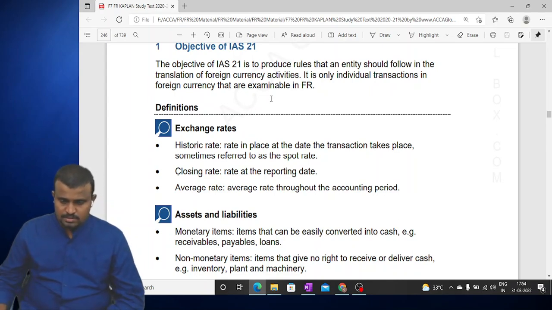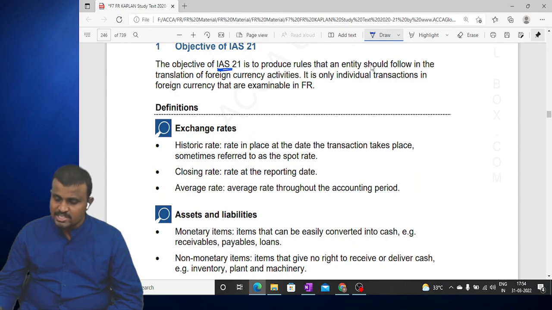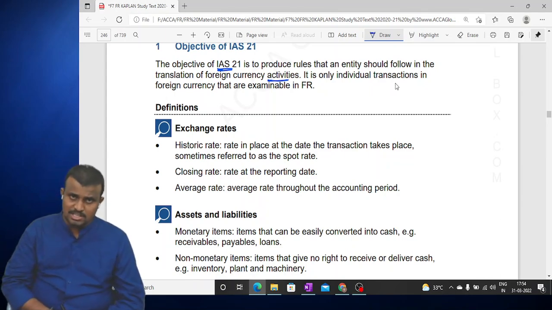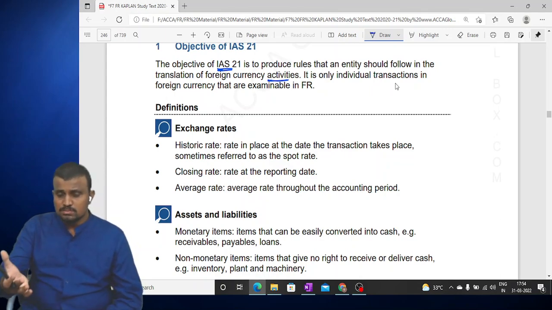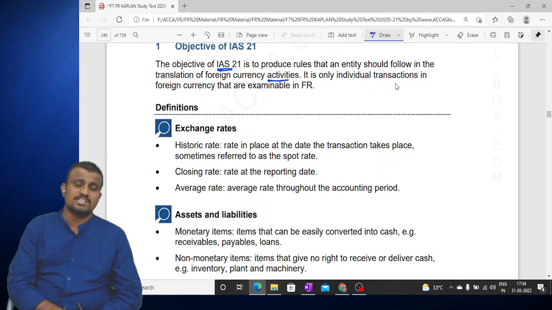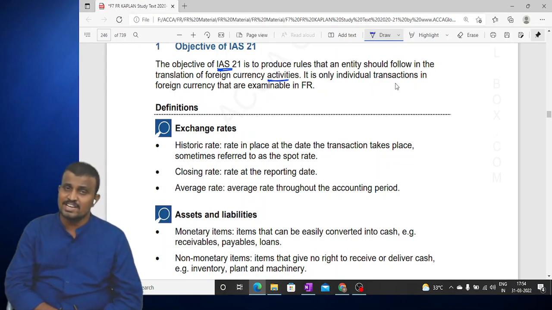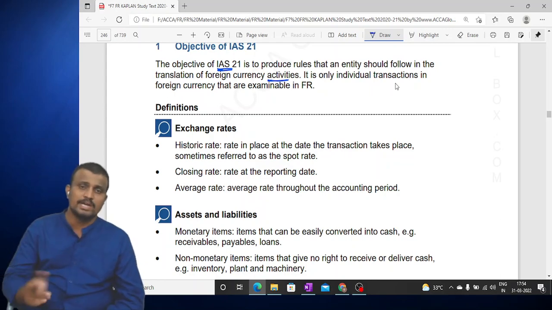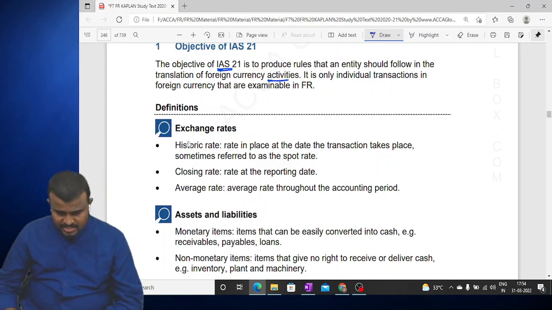The objective of IAS 21 is to prescribe rules that an entity should follow in translating foreign currency activity: how to translate foreign currency into the functional currency and presentation currency, how to report foreign currency transactions and foreign operations, and how to account for any exchange gain or loss created. These are covered.